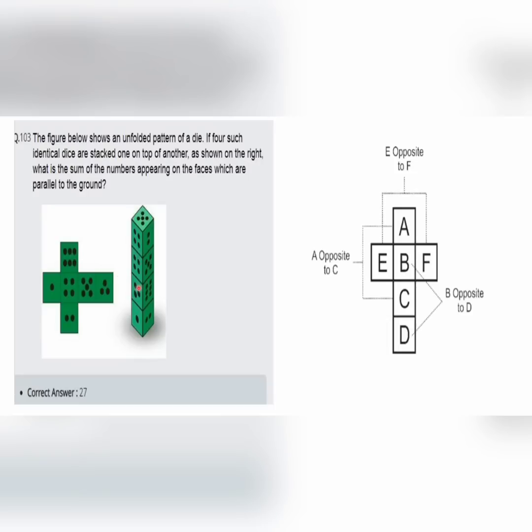We have to sum up the numbers appearing on the faces which are parallel to the ground. Parallel to the ground means the bottom. If we take the cube at the bottom, then we have two surfaces which are parallel to the ground, this base and this top.